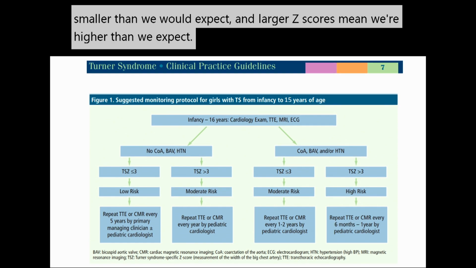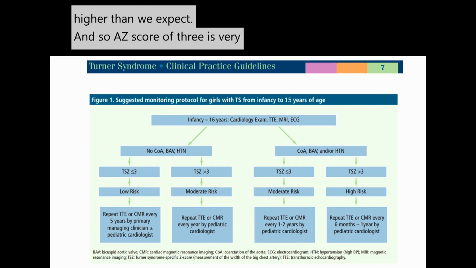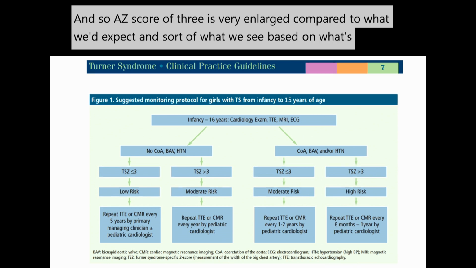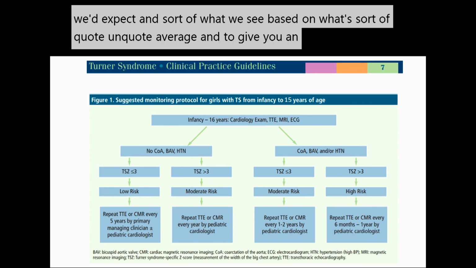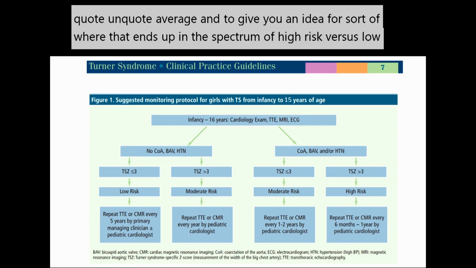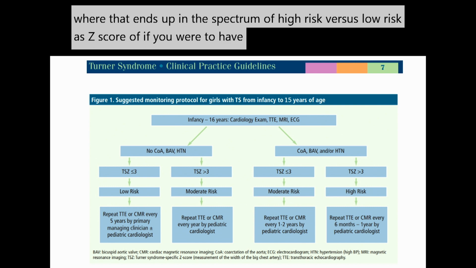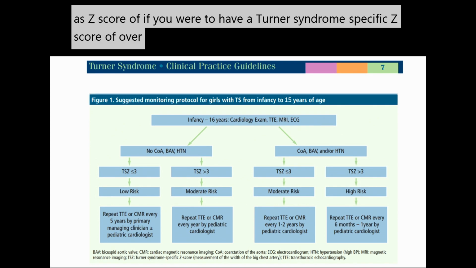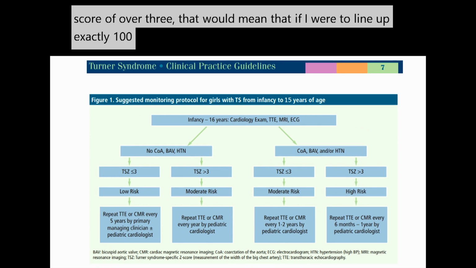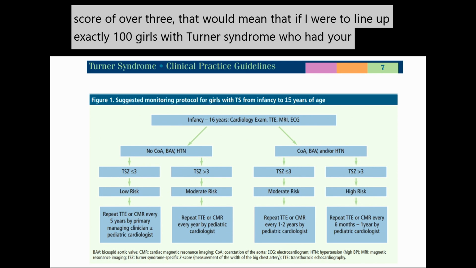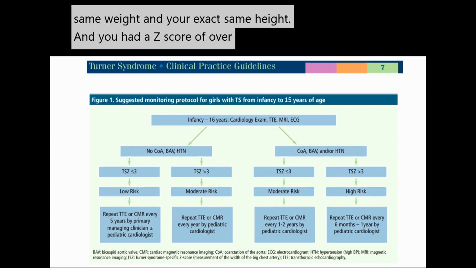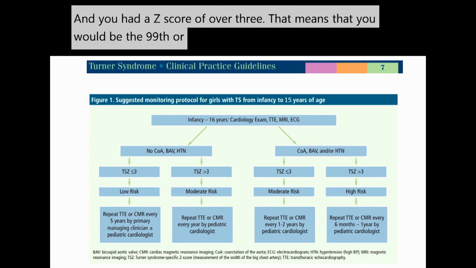And so a z-score of 3 is very enlarged compared to what we'd expect and sort of what we see based on what's quote-unquote average. And to give you an idea for where that ends up in the spectrum of high risk versus low risk, if you were to have a Turner syndrome specific z-score of over 3, that would mean that if I were to line up exactly 100 girls with Turner syndrome who had your exact same weight and your exact same height, and you had a z-score of over 3, you would be the 99th or the 100th largest aorta amongst them.